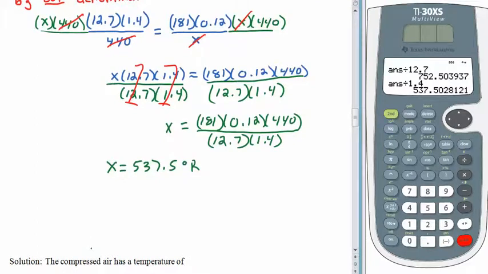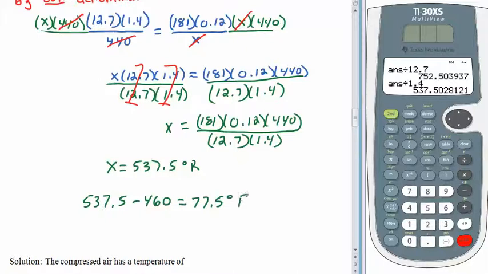In order to go from Rankine to Fahrenheit, we just have to subtract the 460 from 537.5. And that turns out to be 77.5 degrees.